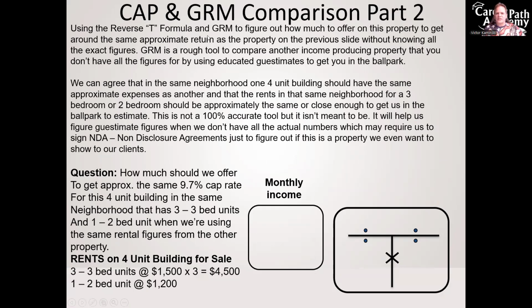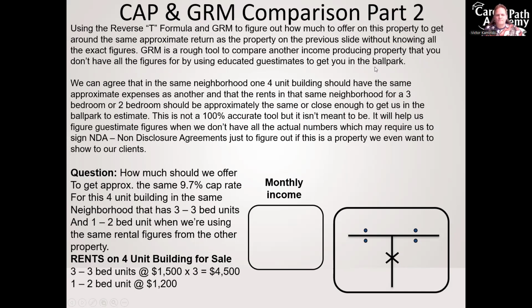So using the reverse T formula and GRM to figure out how much to offer on that other property that comes up on the market, that's around the same approximate return on the investment. Okay, without having all the information, without having all those exact figures. The GRM is a rough tool. It's not meant to be an exact tool, but it'll get you in the ballpark, give you educated guesstimates of those figures.